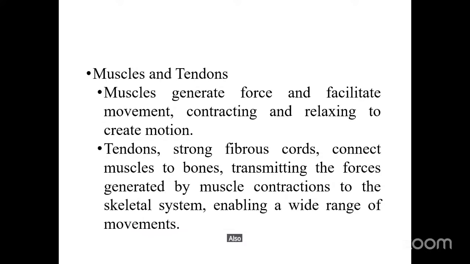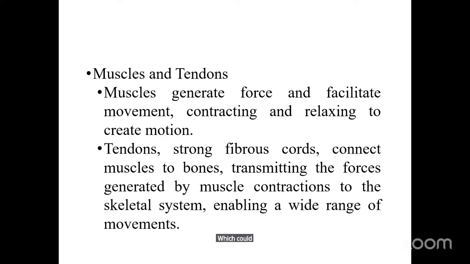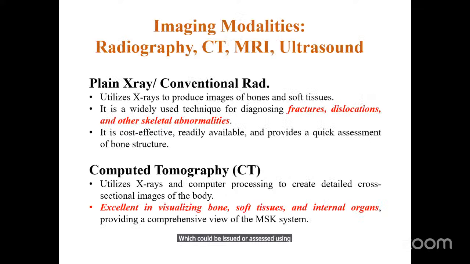Also, the muscles which contract between joints create a wide range of motions, together with some specialized tissues, tendons, and cartilaginous structures, which also suffer from a wide range of conditions that could be assessed using various forms of imaging modalities.